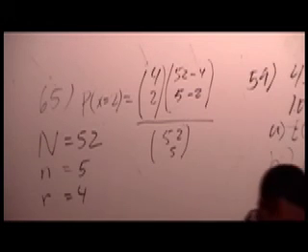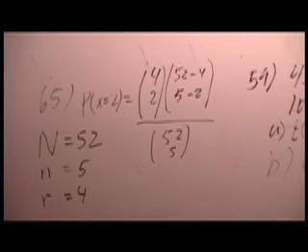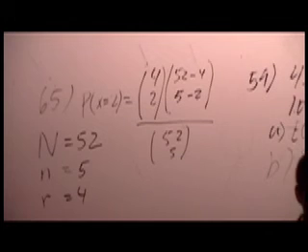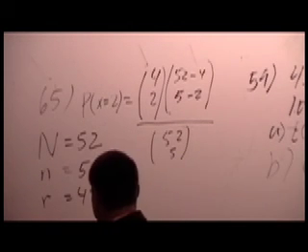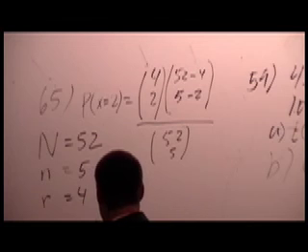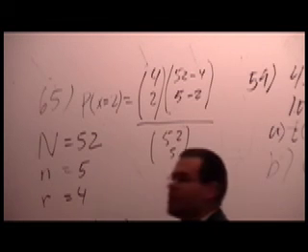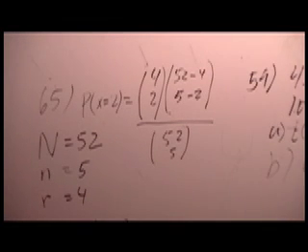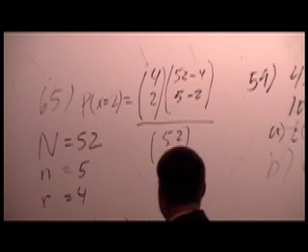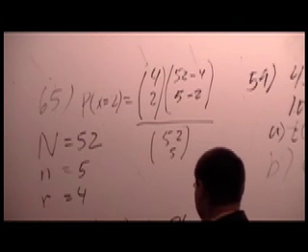How about the probability of getting at least 1 ace? It's always a good idea to look at the last thing you solved. You could add the probabilities of x equals 1, x equals 2, etc. Or you could just subtract 1 minus the probability of x equals 0.